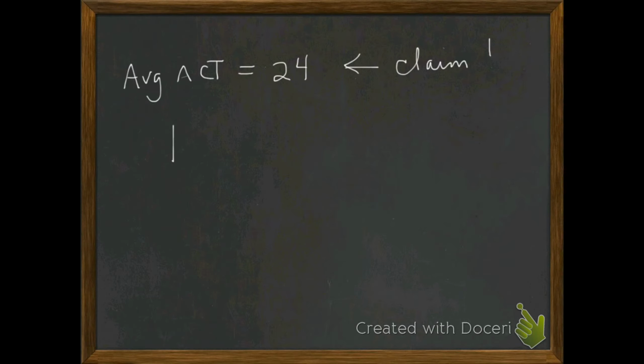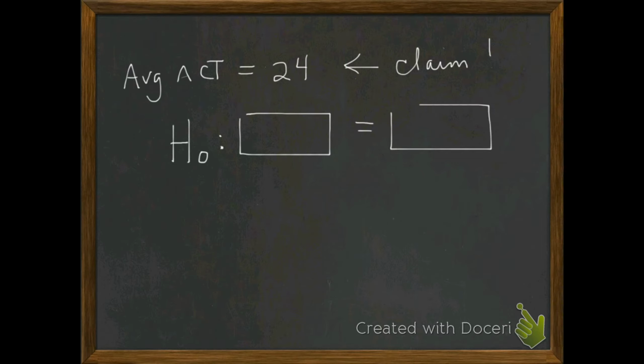All right, let's look at an example. A university administrator makes a claim that the average ACT for entering freshmen is 24. So that's our claim. Without question, we have H sub 0 colon, box equal box.